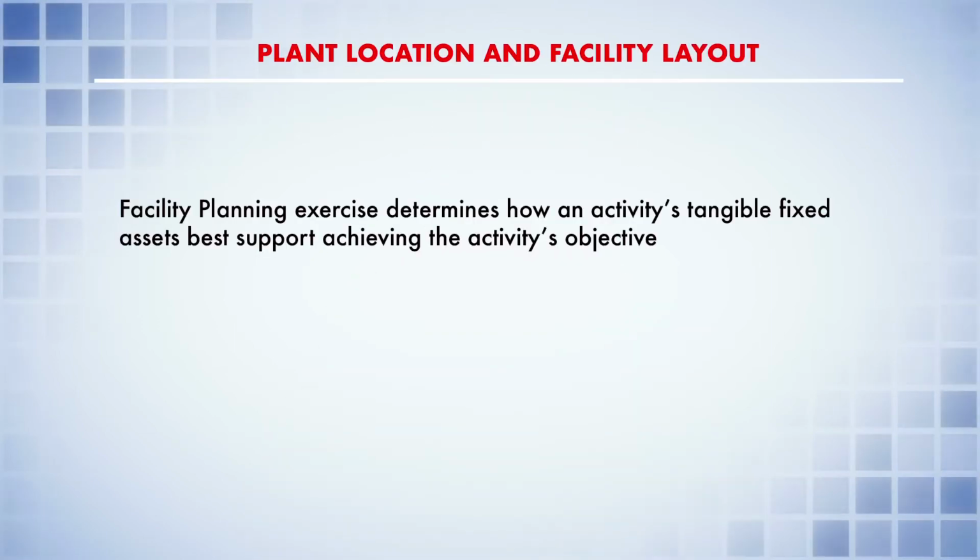First, we have to understand what is facility planning. Basically, a facility planning exercise determines how an activity, tangible fixed asset best support the activity objective. Now, if I give you an example, my room where I am sitting, my library, my cafeteria, all come under facility planning.